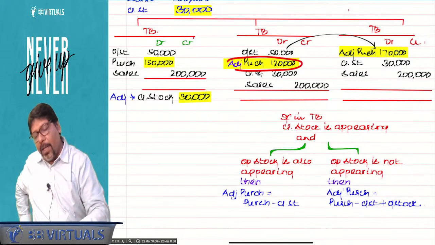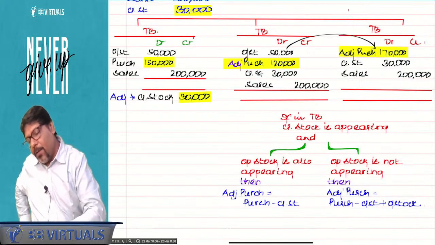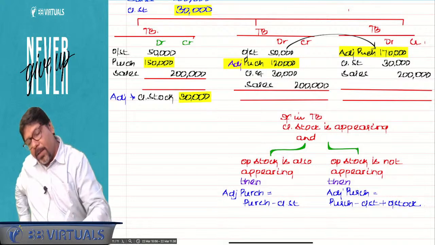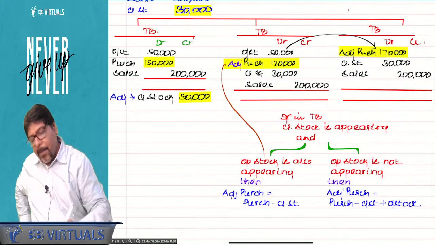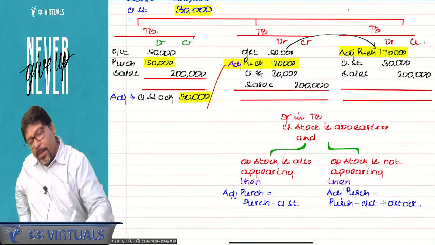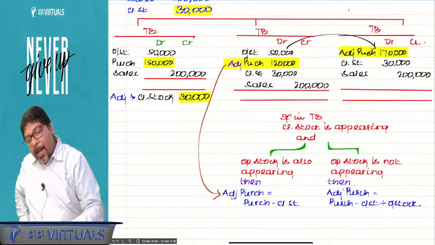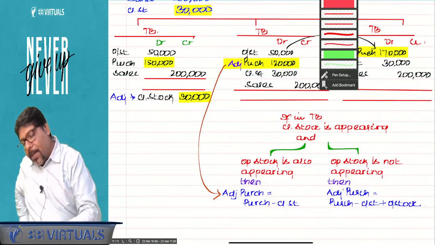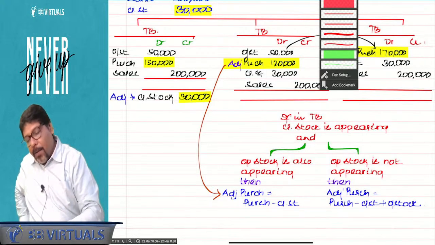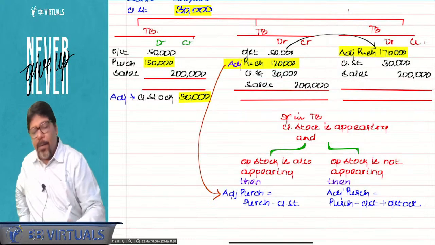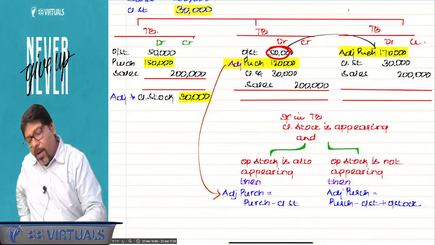So over here, what does adjusted purchase mean? Over here, adjusted purchase means purchase minus closing stock. Very good. 1,20,000 is purchase minus closing stock, yes or no? Yes. Plus opening stock, how much? 50.